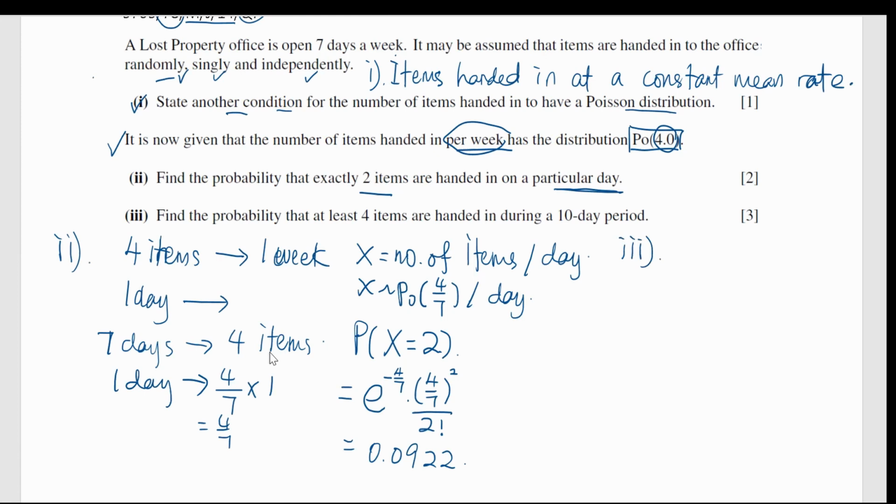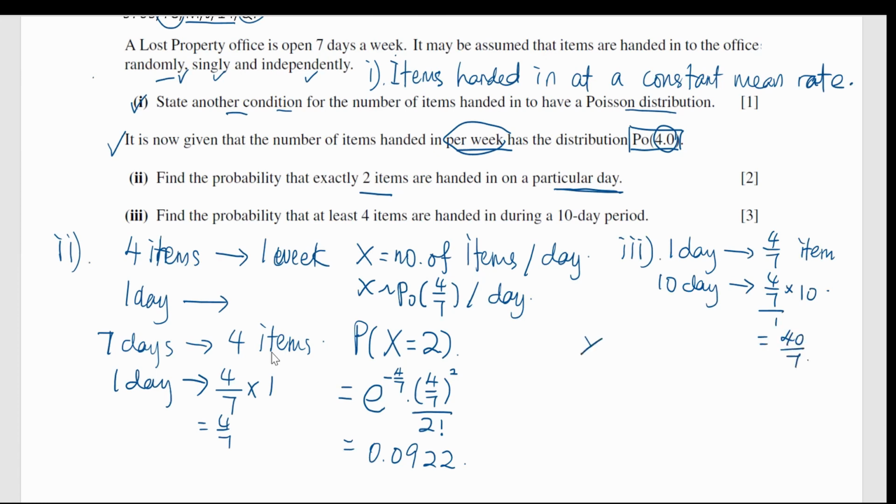All right. Now we can answer part 3. Find the probability that at least 4 items are handed in during a 10-day period. So again, if for one day we expect the handed-in items to be 4/7, then in a 10-day period, it is 4/7 times 10, so it's going to be 40/7.